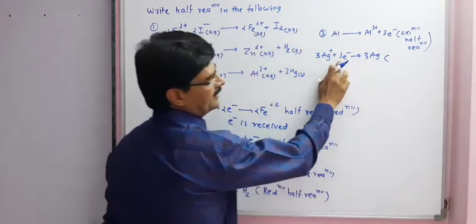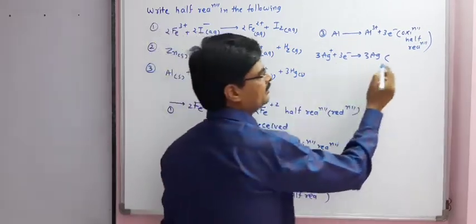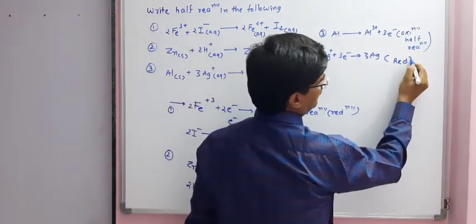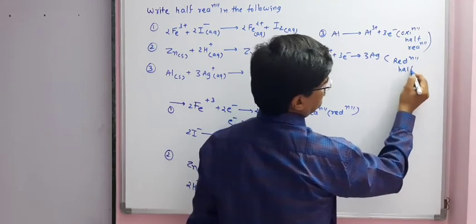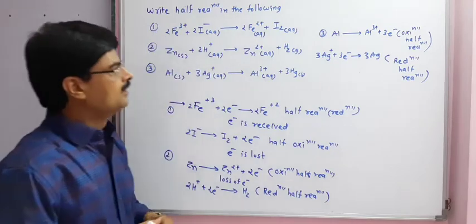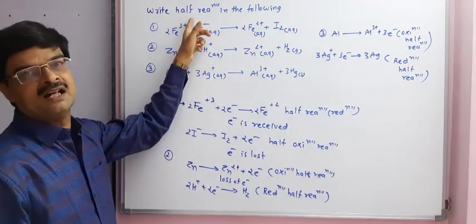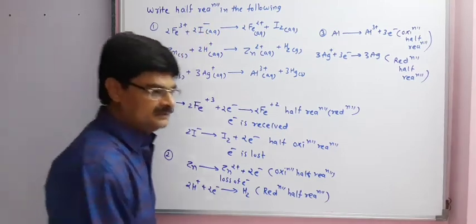So here electrons are received, and that is why it is said to be the reduction half reaction. So if any reaction is given, we can find out the oxidation half and reduction half.